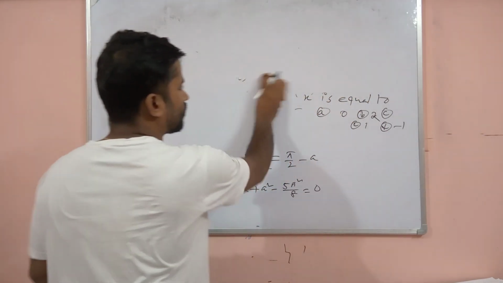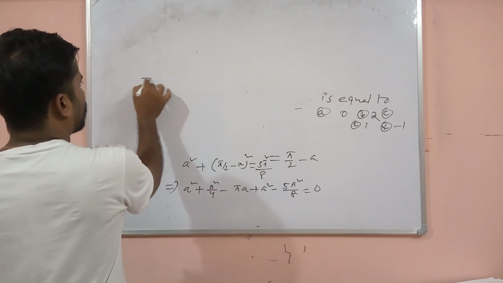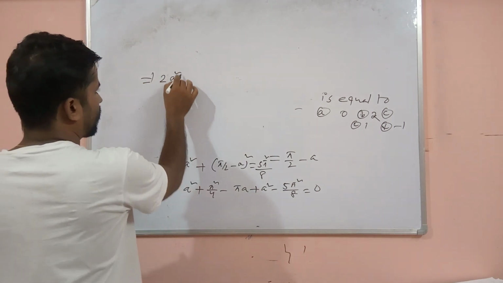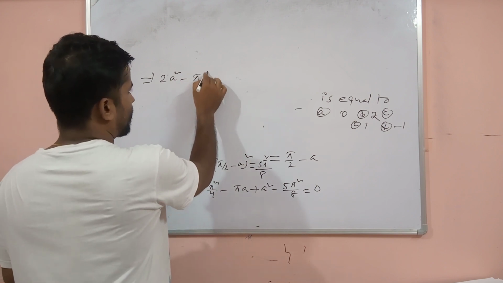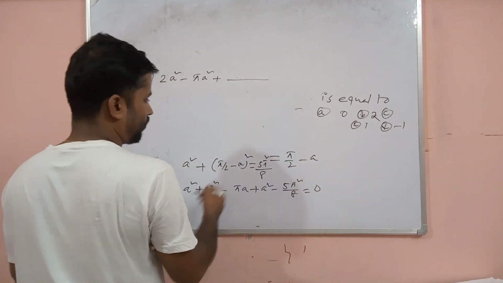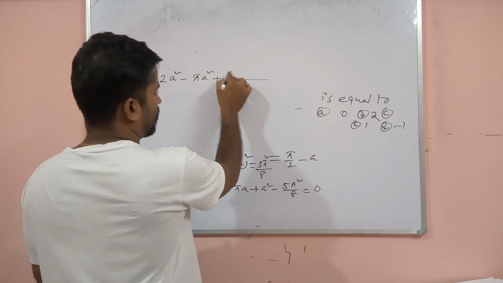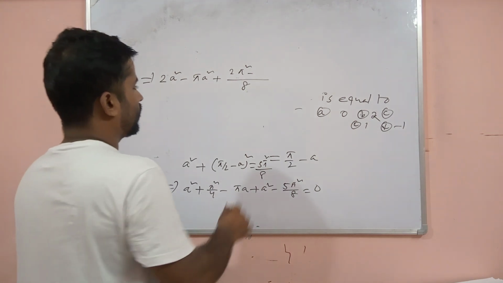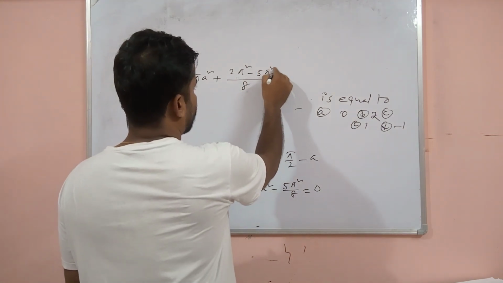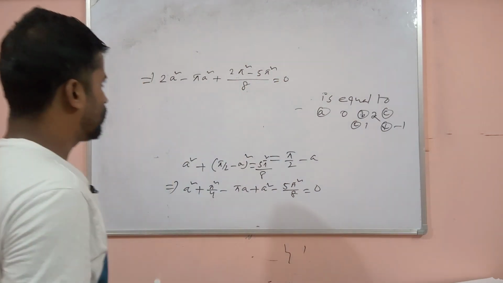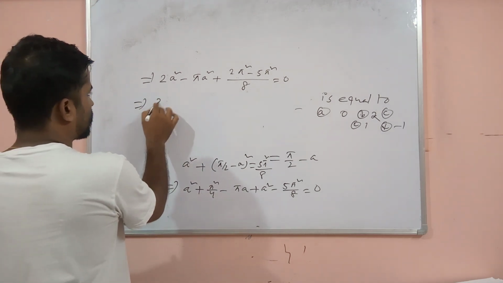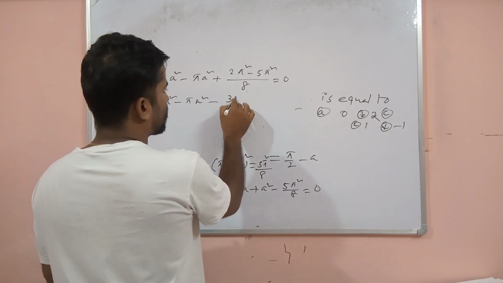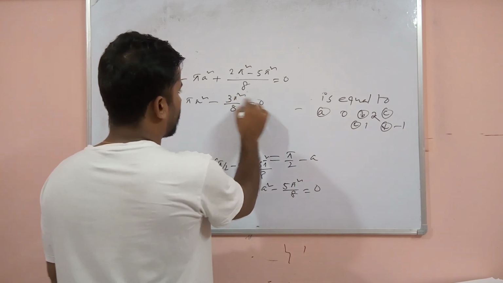Next line would be like this: 2a square minus pi a plus, LCM is 8, so it is 2 pi square minus 5 pi square, so minus 3 pi square by 8 is equal to 0. So it is 2a square minus pi a minus 3 pi square by 8 equal to 0.